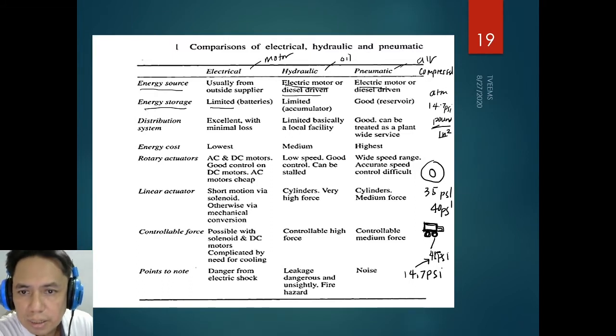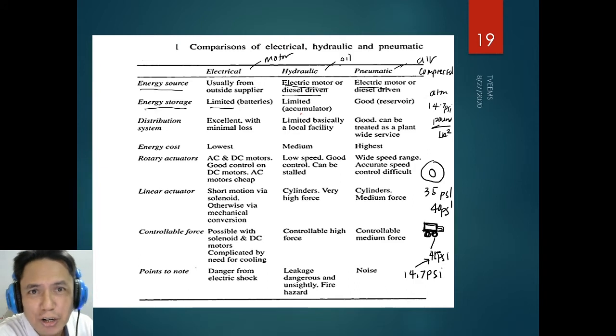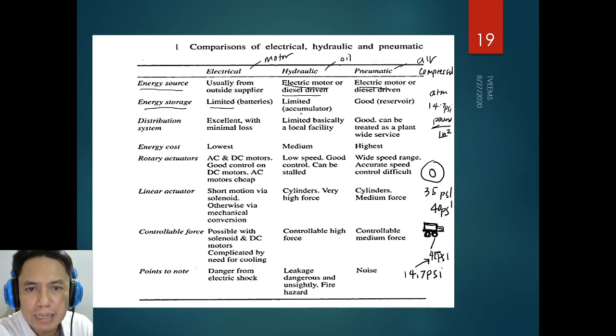So here, accumulator. We store the energy of the hydraulic system in the accumulator. Aside from the tank, there is also what is called an accumulator. It is a vessel that has a gas or a kind of diaphragm in it.